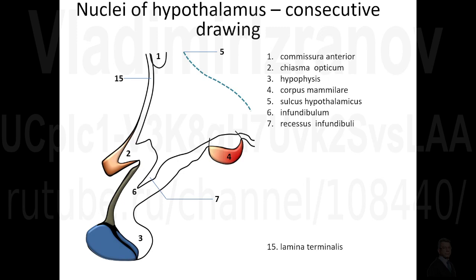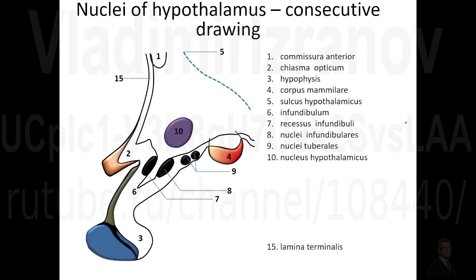And now nuclei. Here they are. Number 8, nuclei infundibulares. And number 9, nuclei ventralis. Now, number 10, nucleus hypothalamicus anterior or ventromedialis.